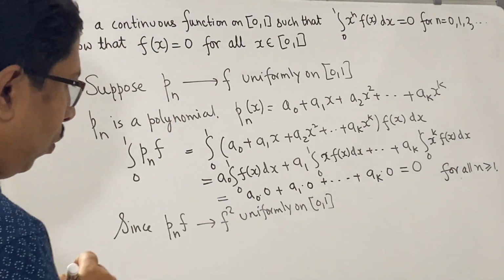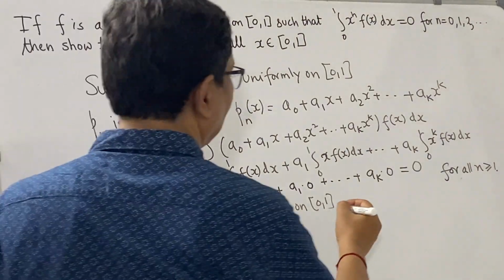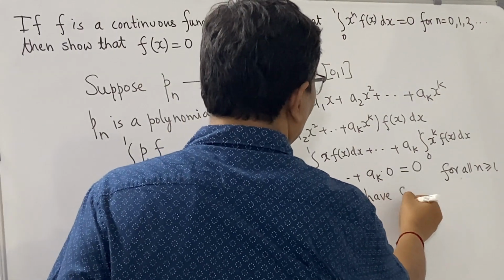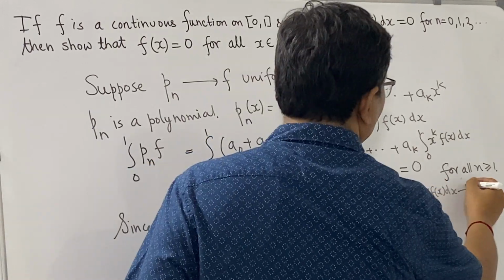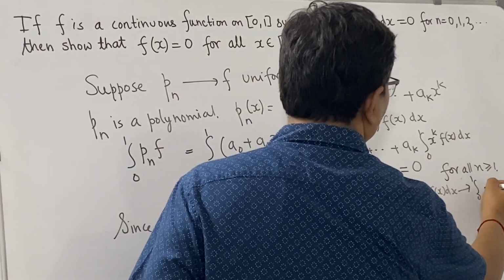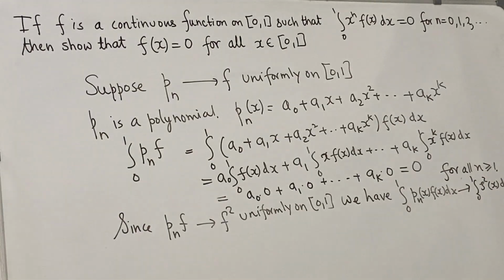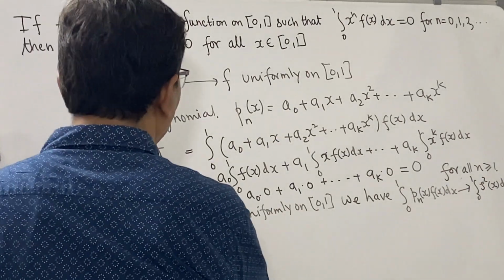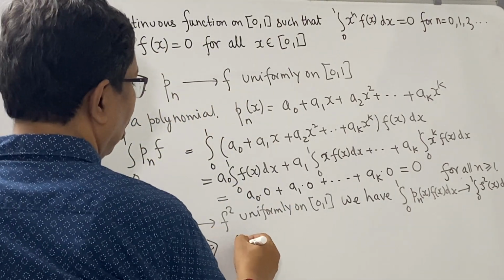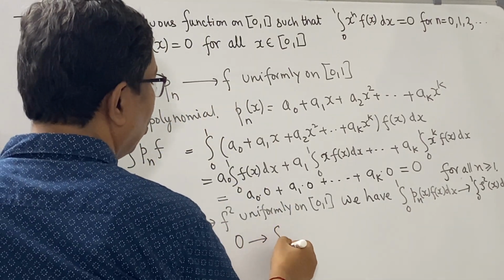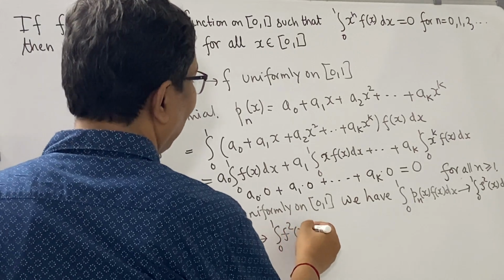That is a very well known result. So, we have the integral from 0 to 1 of P_n(x) f(x) dx must converge to the integral from 0 to 1 of f squared(x). However, we have just now seen that the left hand side here is 0. So, 0 converges to the integral from 0 to 1 of f squared(x) dx.